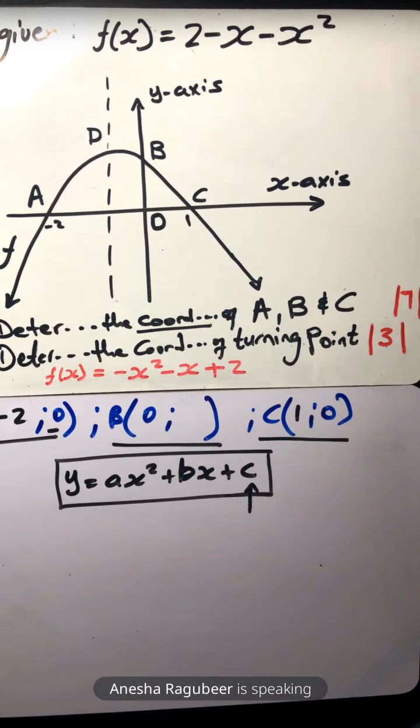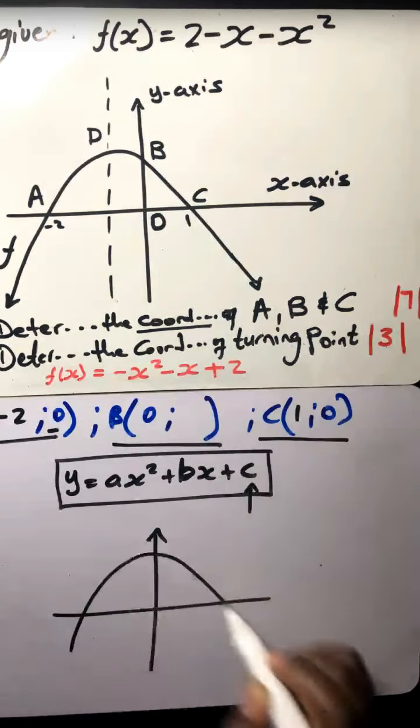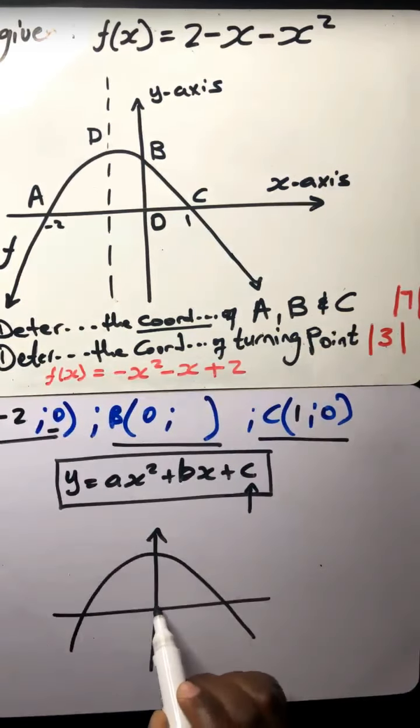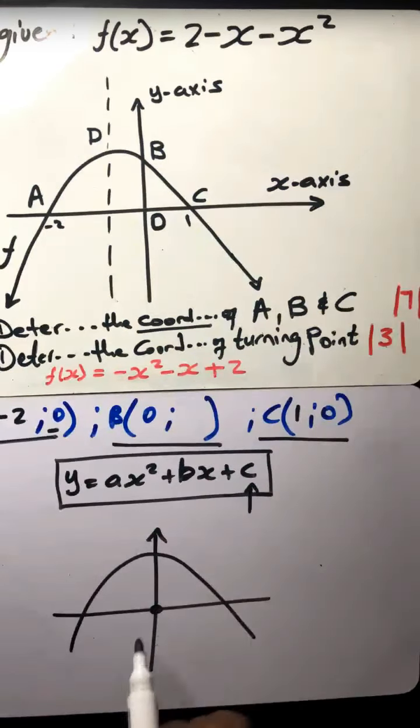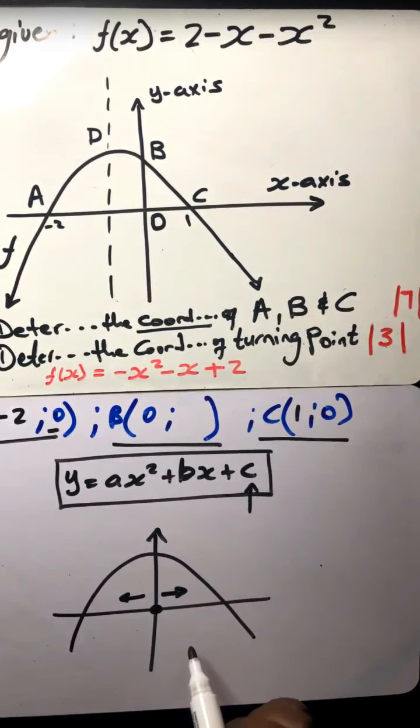Sir, how did you get -2, sir, and +1? Oh, but did you understand that part of A being -2 and C being +1? No, sir. Okay, so quickly I'm going to explain, Shreyas. Remember, this is the origin. From the origin in that direction, you have negative values. From the origin in that direction, you have positive values.